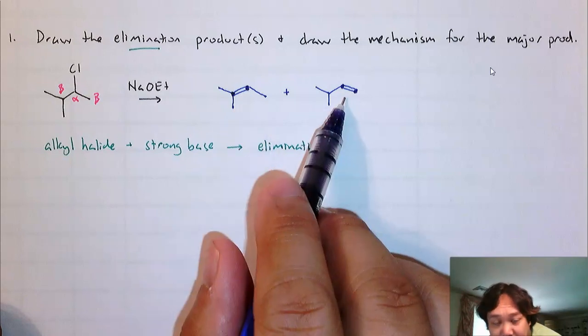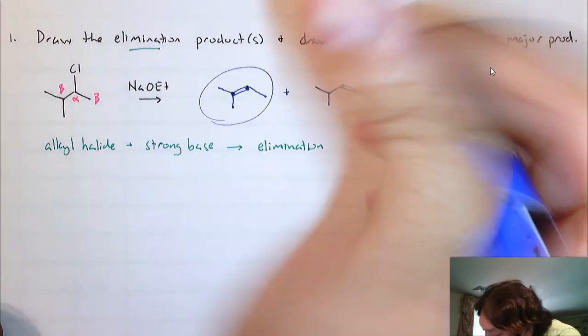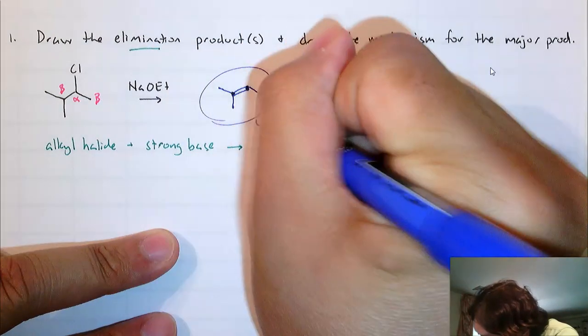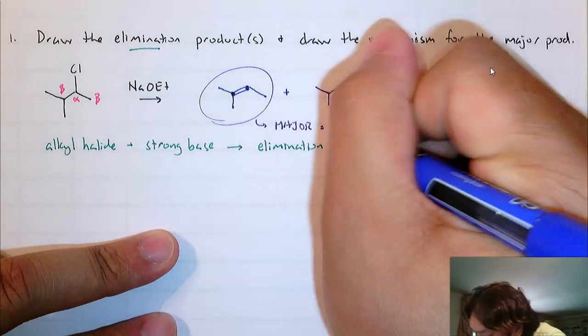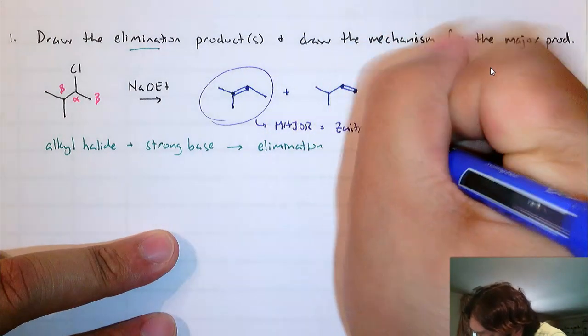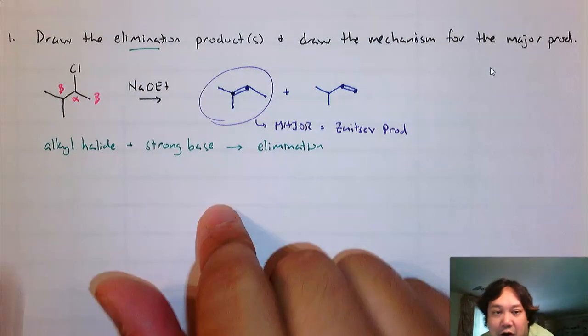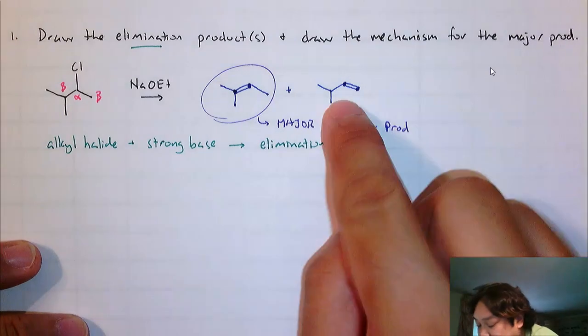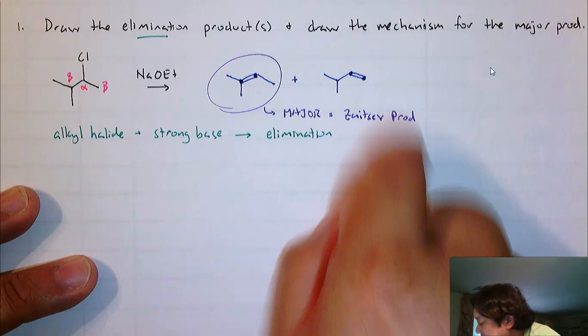This molecule has 3. This is more substituted. This is the major. And this is also the Zaitsev product. I think we have an example later where we're going to draw the Hoffman product, the less stable, as the major product. Okay. They want us to draw the mechanism.